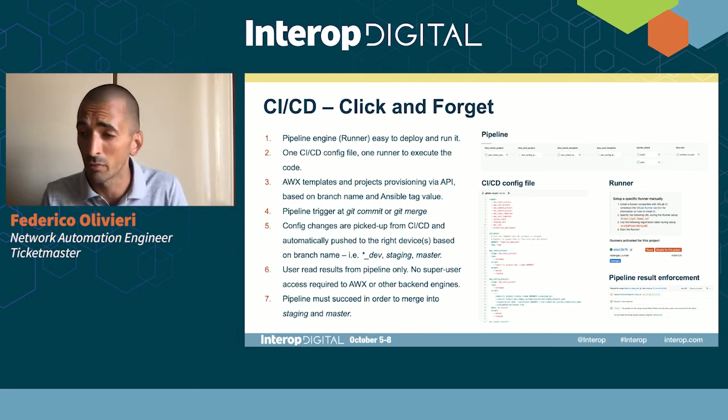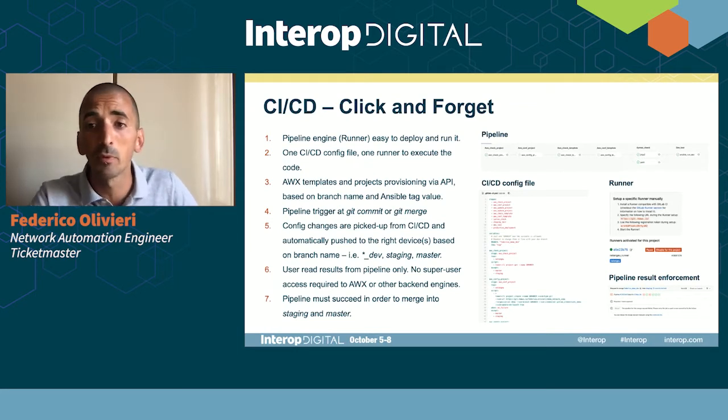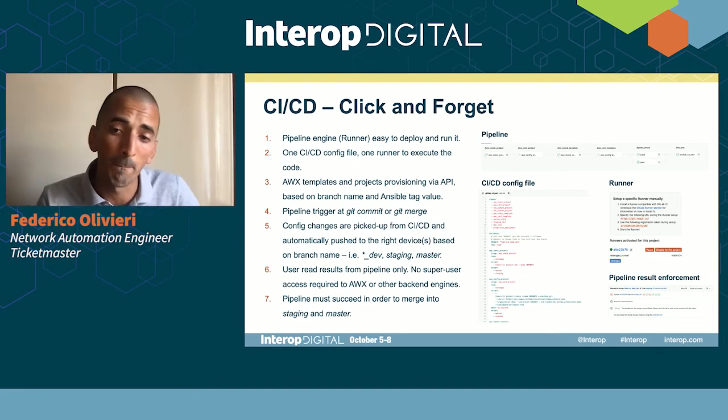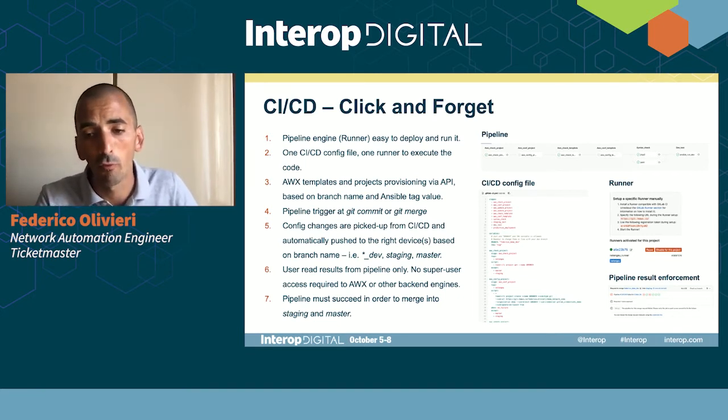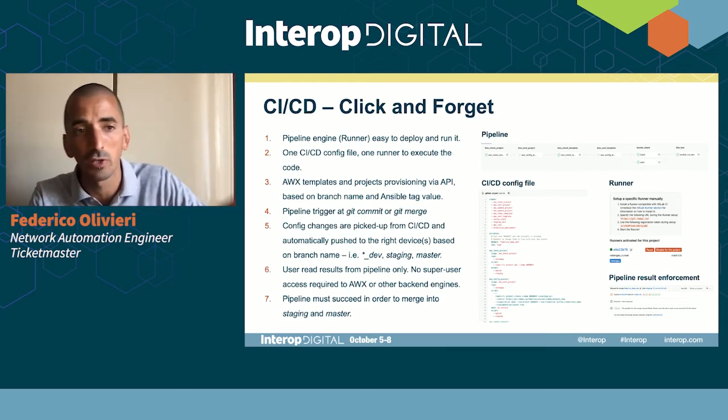It can be a container, it can be a virtual machine, it can be whatever you like. You can see all the steps of the pipeline in the example above. And like I was saying before, you must make sure that the pipeline is successful before moving forward. Otherwise, you cannot merge from dev to staging, or from staging to master.